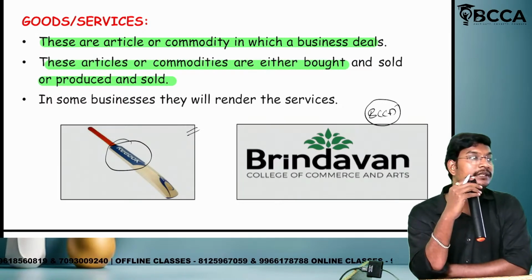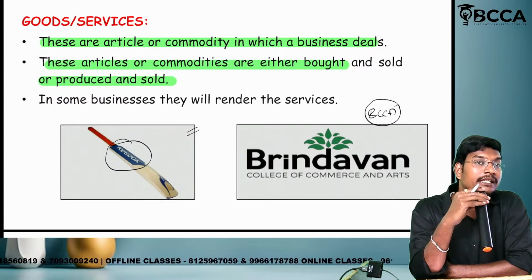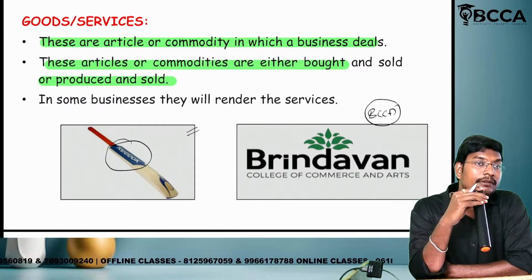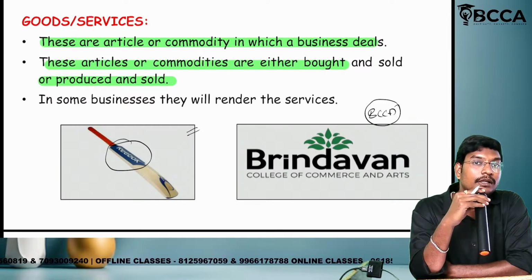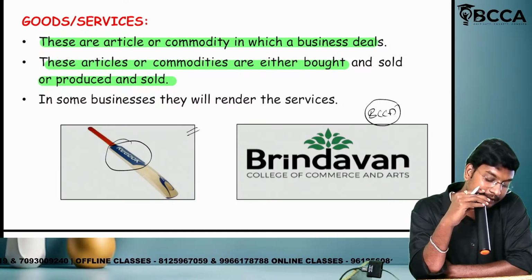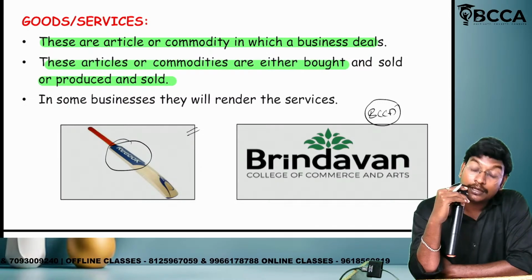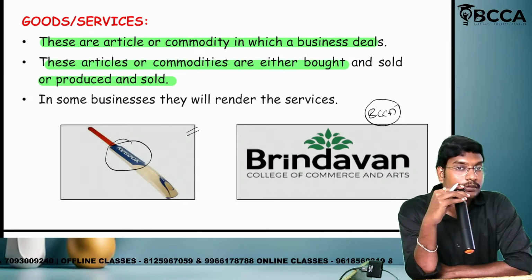Some businesses, like retail business, purchase the goods and sell to outsiders. For which intention do they purchase? For selling, or for their own use? For selling. We need to resell it. If you resell it, that item is called a good.